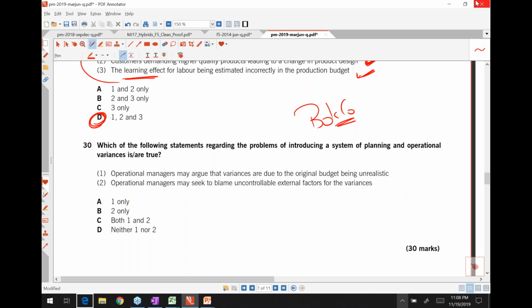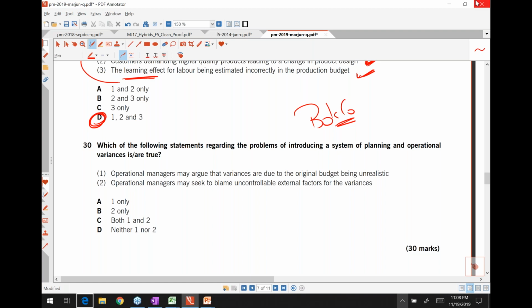Second statement: operation managers may seek to blame uncontrollable external factors for the variances. This is also true. Operational managers will say that this variance is adverse because of uncontrollable factors.